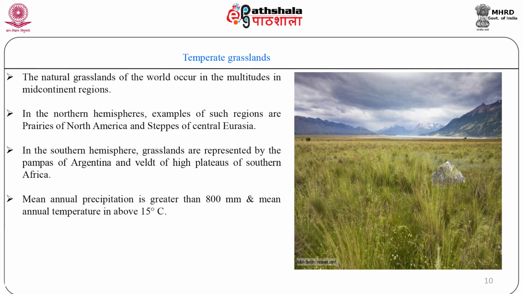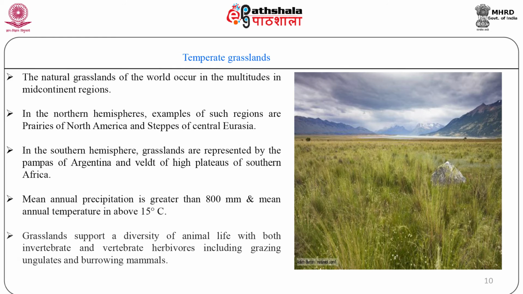About the animal life, grasslands support a diversity of animal life with both invertebrate and vertebrate herbivores, including grazing and burrowing mammals. The prairies were once dominated by migratory herds of bison, pronghorn antelopes and prairie dogs.